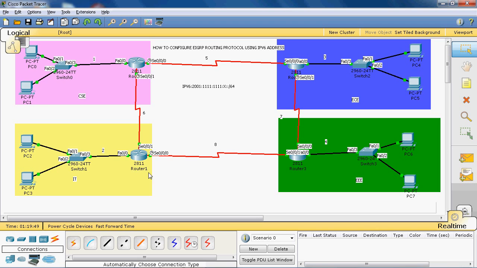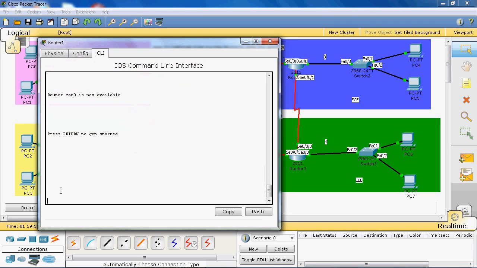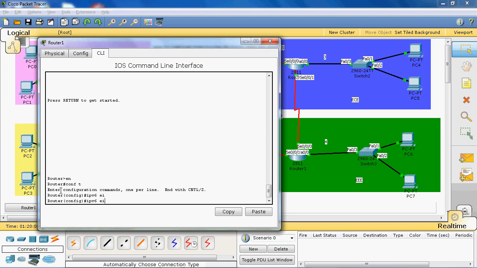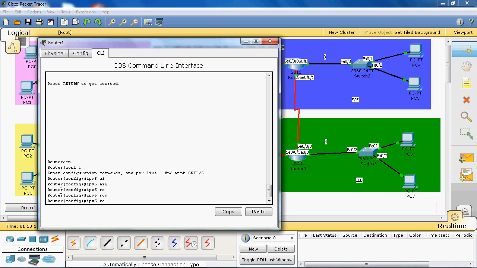Okay, now we can go to the IT department and configure the EIGRP routing protocol. Enable. Okay, in global mode, the syntax for configuring EIGRP routing protocol is ipv6 router eigrp.